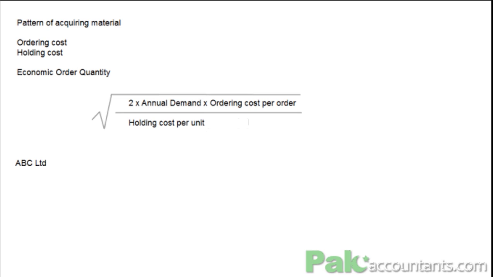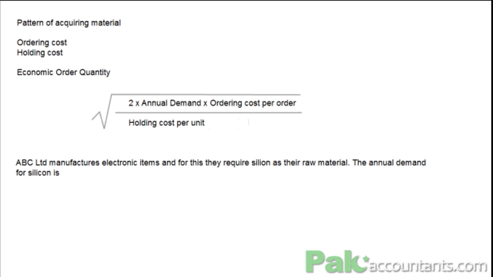The annual demand for silicon is, let's say, 50,000 kilograms.